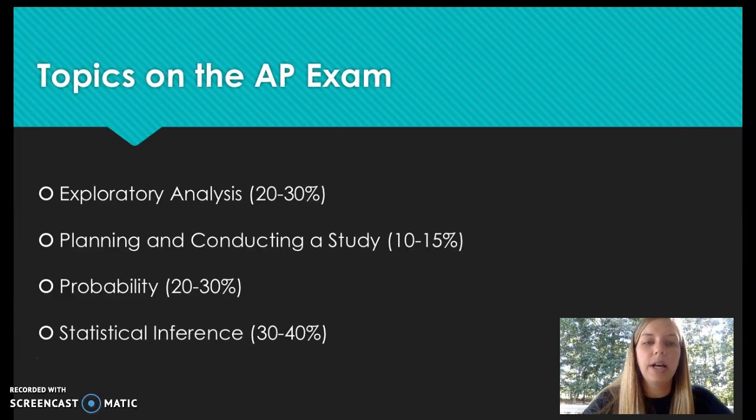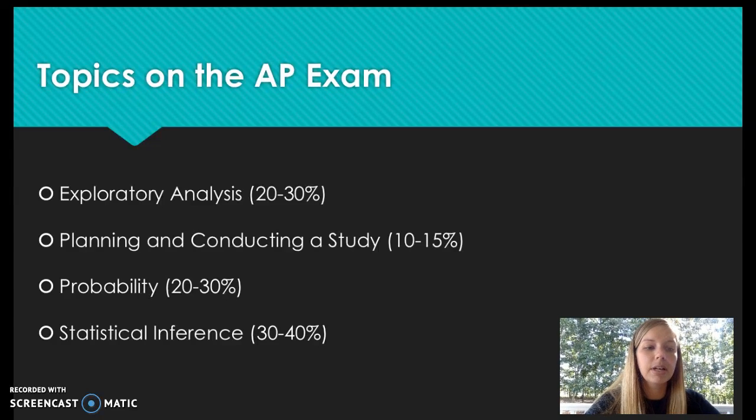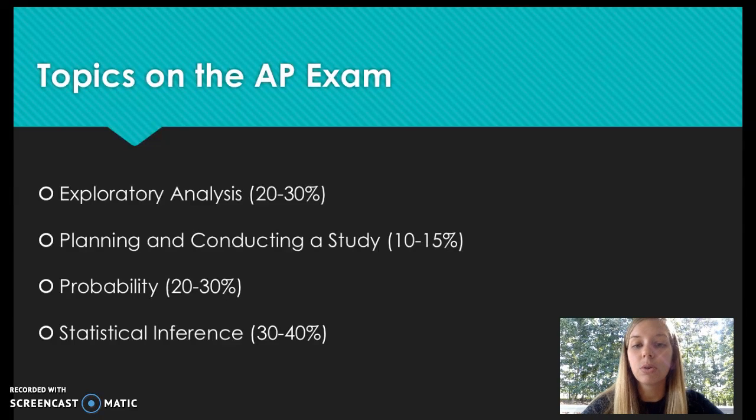Alright, so the topics on the AP exam, I've listed them out here. We are currently learning planning and conducting a study, which is 10 to 15% of the exam. So that's about the percentage of when that's going to show up. This topic that we're learning right now is going to show up on the AP exam.